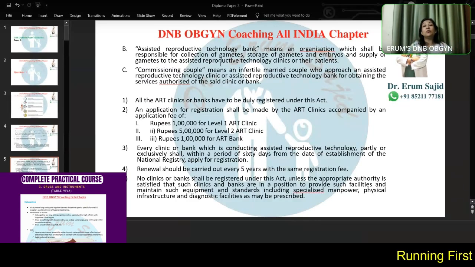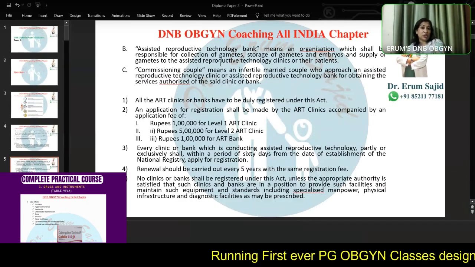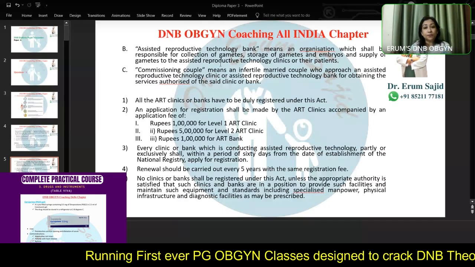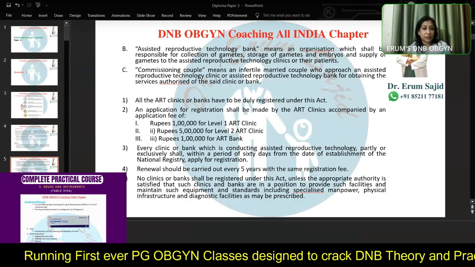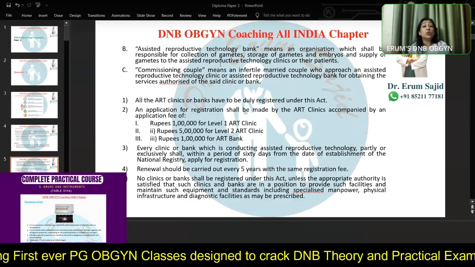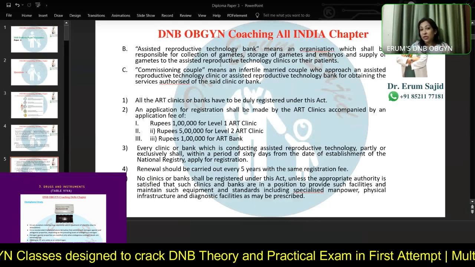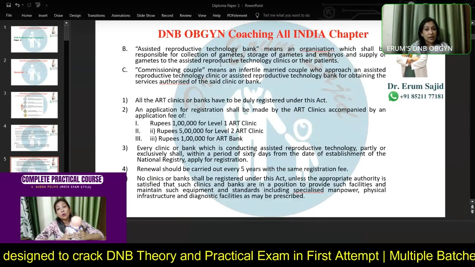Now, even that has to be very specifically organized. Anybody who's having a cryopreservation or an embryo preservation cannot use that embryo for donation. Even if it is being used in that particular way, it has to go through a proper channel. Otherwise, you know how difficult adoption laws are in our country.